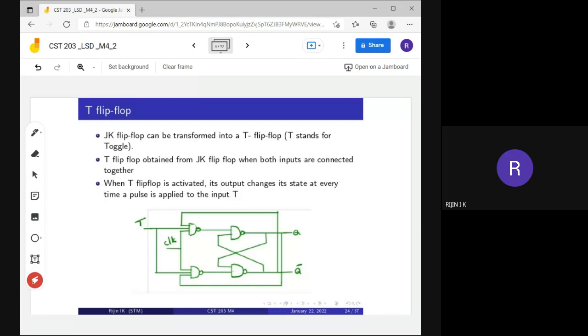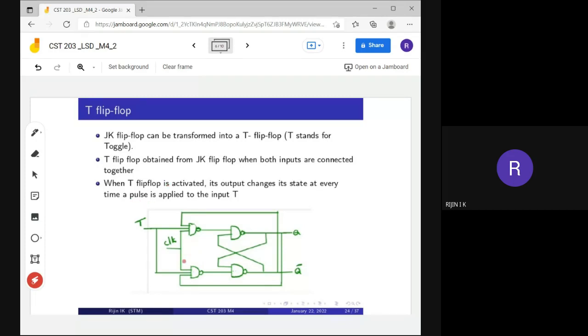We have already studied what a JK flip-flop is. If you connect both the inputs of the JK flip-flop together, then it will be a T flip-flop. When the T flip-flop is activated, its output changes its state every time a pulse is applied.